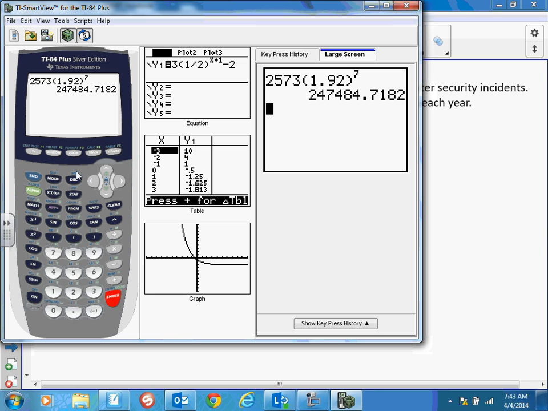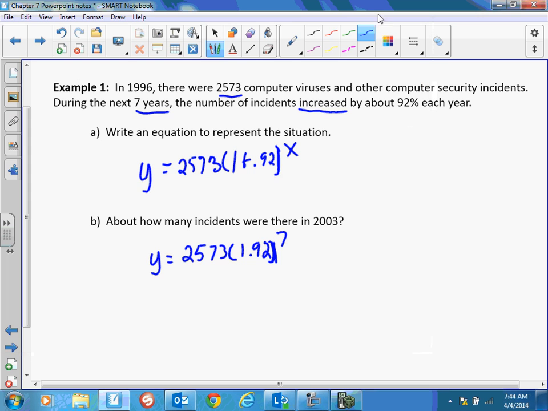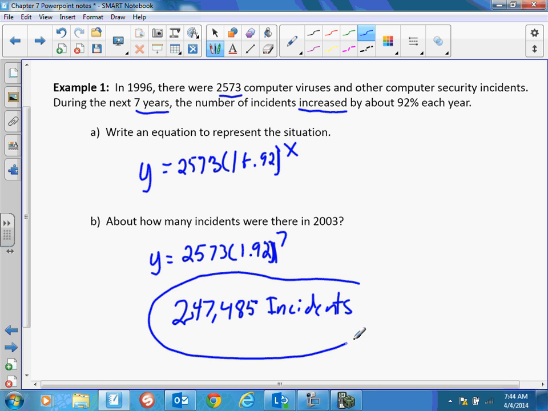And we get 247,484.7182 approximately, so we can round that to 485. Let's write that number down. There were 247,485 incidents. Which makes sense because there wasn't much internet or computers in 1996. Now there were 10 in 2003.